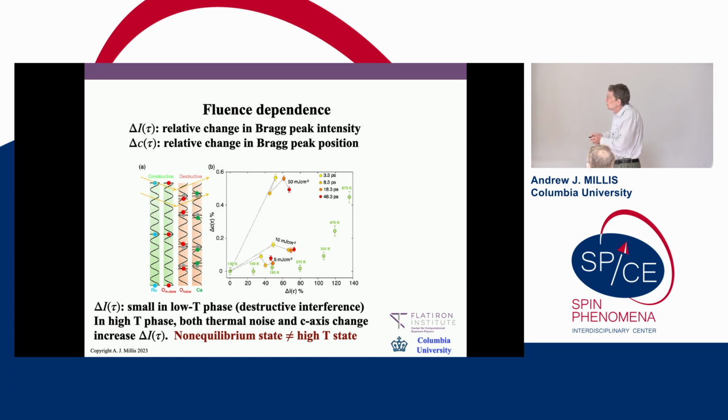Whereas in the non-equilibrium experiment, while there is some increase in the intensity, the change in peak position is way big compared to the intensity. So that's an indication that the state you have is a genuinely non-equilibrium state, that you have a large shift in peak position, like you have at high temperature, but much less disorder. All right? And indeed, all of this stuff is to the left of the big upturn, which is associated with the metal-insulator transition. So that's the evidence that what one is seeing is not just heating.